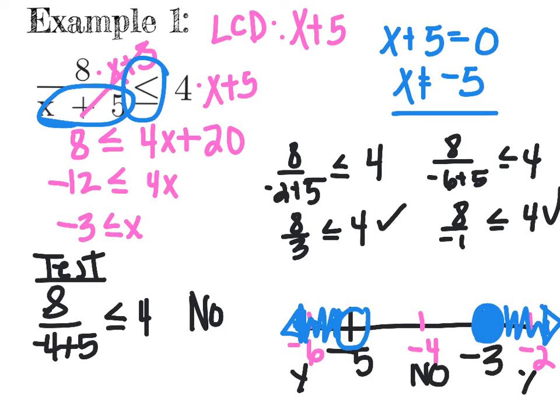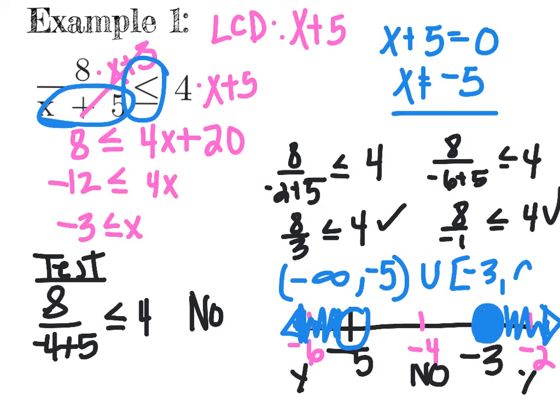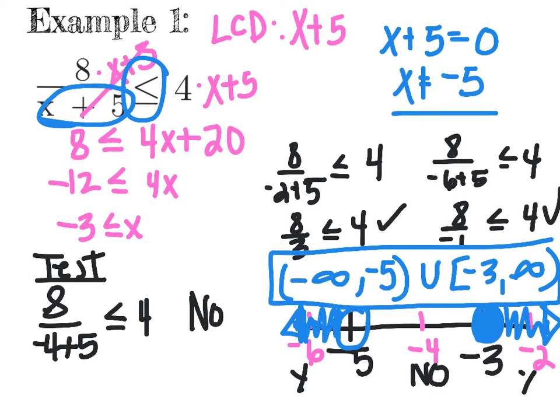So our answer is going to say parentheses, negative infinity to negative 5, parentheses, because we have an open dot, union, which means or, bracket, because we have a closed dot, negative 3 to positive infinity, parentheses. So this would be our interval notation.